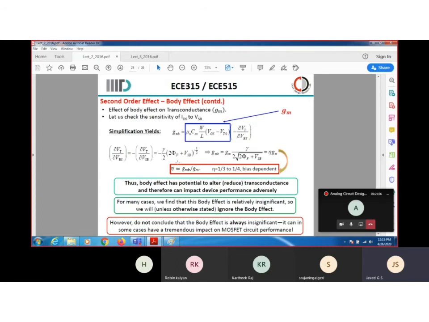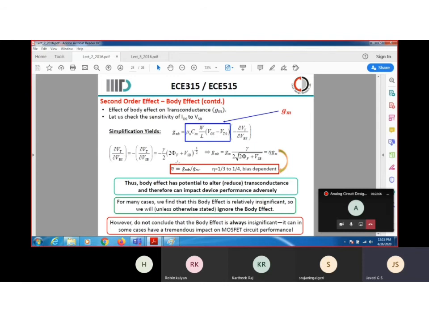One thing you would like to observe is that when your Vt naught is at 0 VSB potential, it is effectively your gm itself. So your gmb is a factor of your gm, and is directly dependent on the delta Vt that is going to operate. So how do you proceed further? This amount of math, okay. Delta Vt by delta VBS is equal to minus delta Vt by delta VSB.